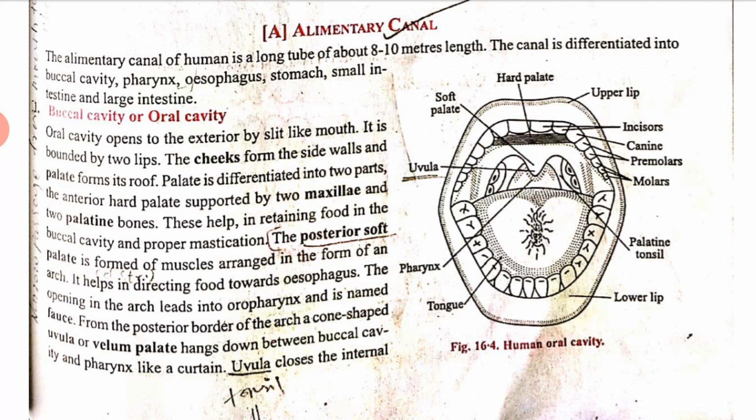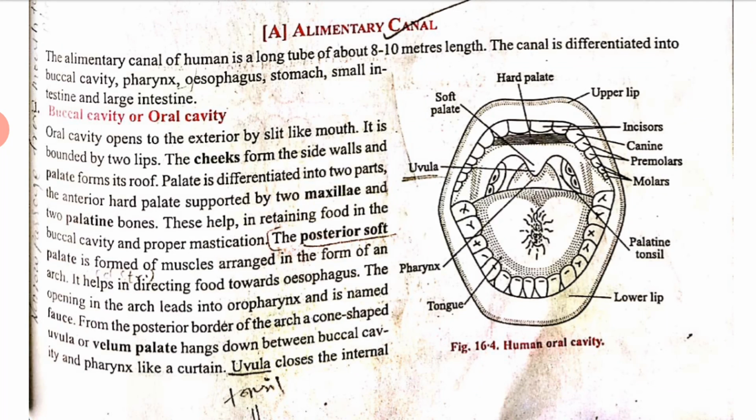The opening in the large arc leading into the oropharynx is named the fauces, which is formed from the posterior border of the soft palate and the cone-shaped uvula, a velum that hangs down between the buccal cavity and pharynx like a curtain.